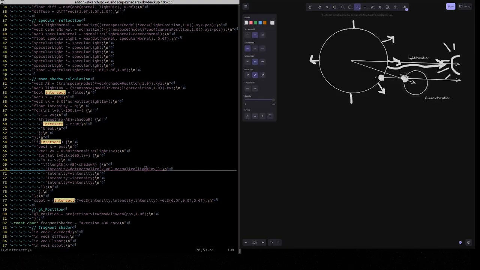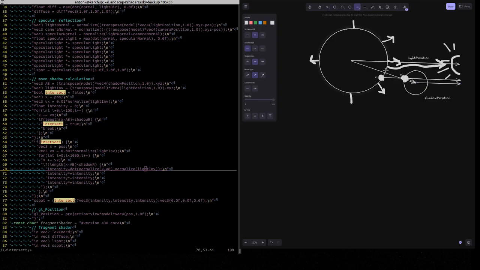So we have the vector from x prime to the center of the moon, and we have our light position, or light vector, which is this way. So when they are essentially almost parallel, then we know the intensity of the shadow is at a maximum.